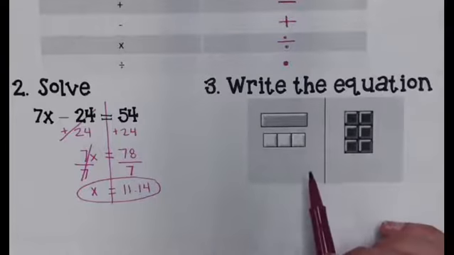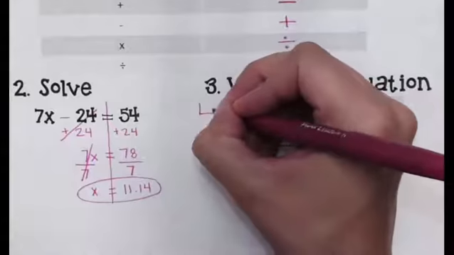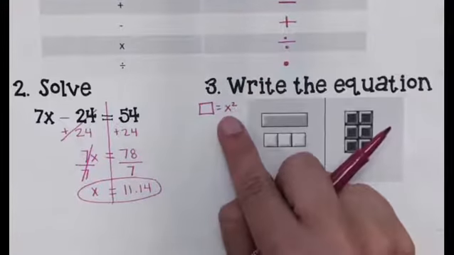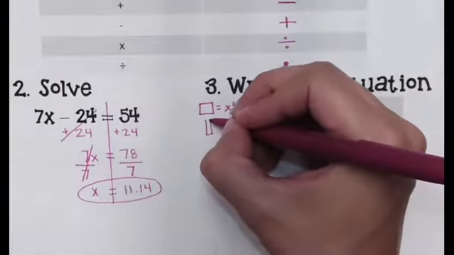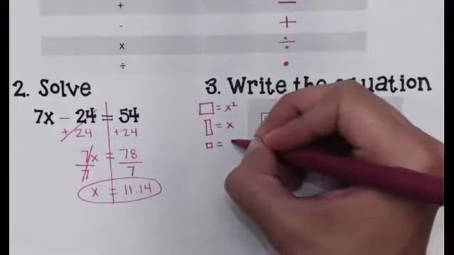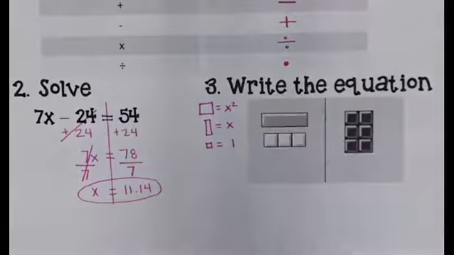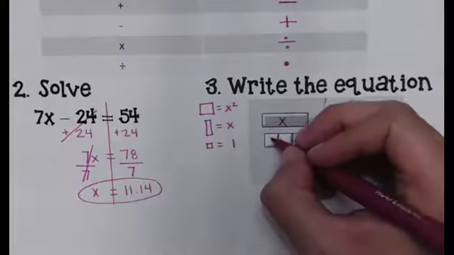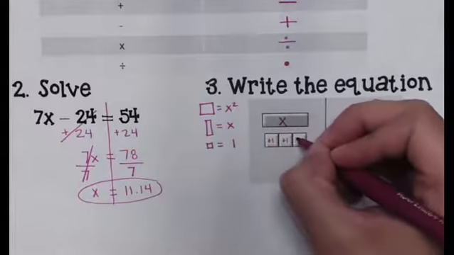And the last one is writing the equation. Remember, these are our algebra tiles. Yesterday we talked about the key. The big block represents x squared. We'll get more into that when we deal with polynomials. The long rod represented an x, and the small square represented 1. So if you did this correctly, I have 1x here, plus 1, plus 1, plus 1.